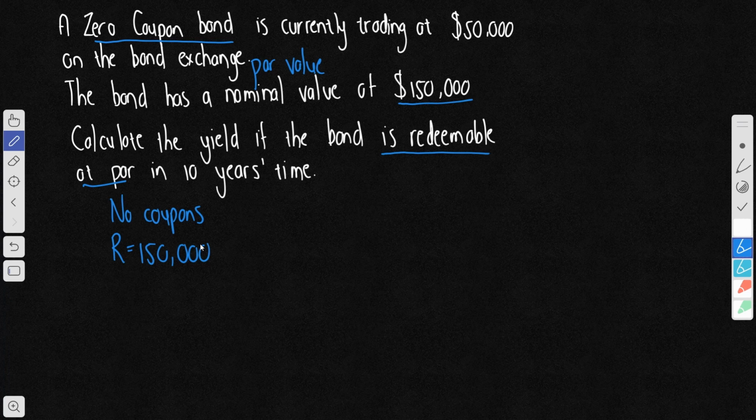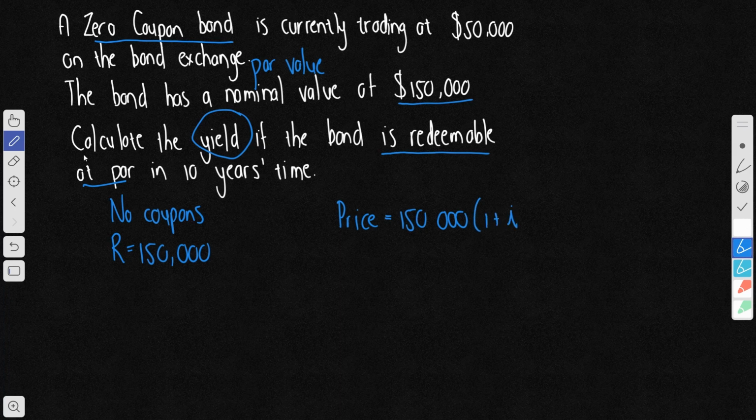Finally, we know that the yield of the bond is the interest rate that will satisfy the present value equation of the bond when we calculate the price. The price the investor is willing to pay for the bond will just be the present value of the payments that we receive, which is only the redemption value of 150,000, discounted by 1 plus the yield.